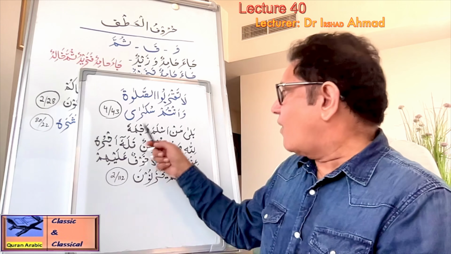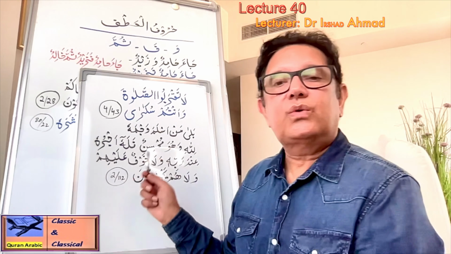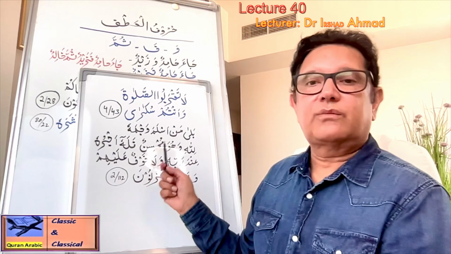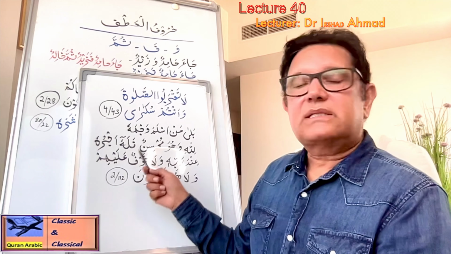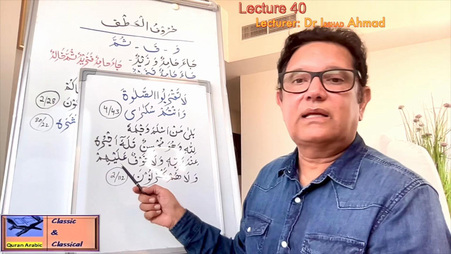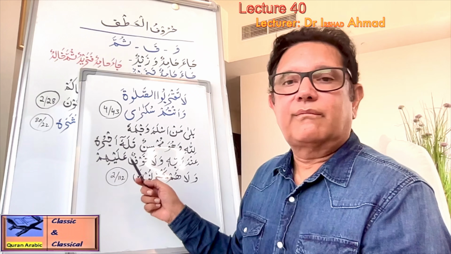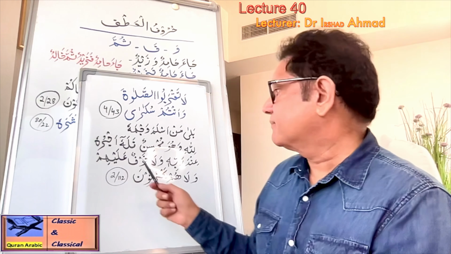So if you do all this in the state of being muhsin, falahu ajruhu inda rabbihi wala khawfun alayhim wala hum yahzanun. So that person will have their reward with their Lord, and they will not have any fear, and they will not suffer any grief either.